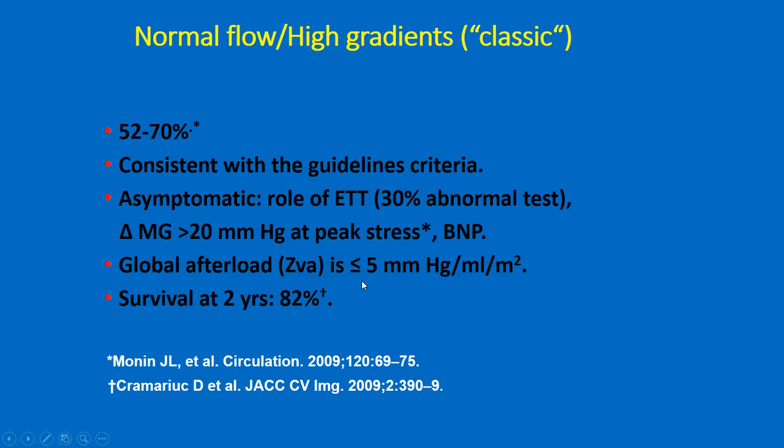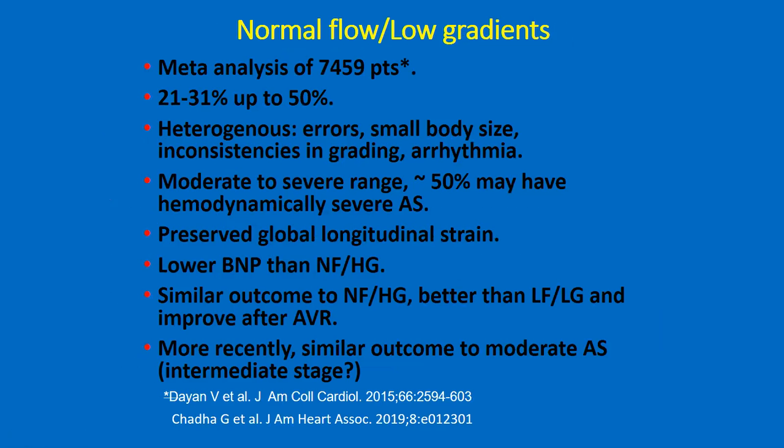Usually the global afterload is equal to or less than 5 millimeter mercury per milliliter per meter square, and survival at 2 years is in excess of 80%. So this is a classic severe aortic stenosis with normal ejection fraction.